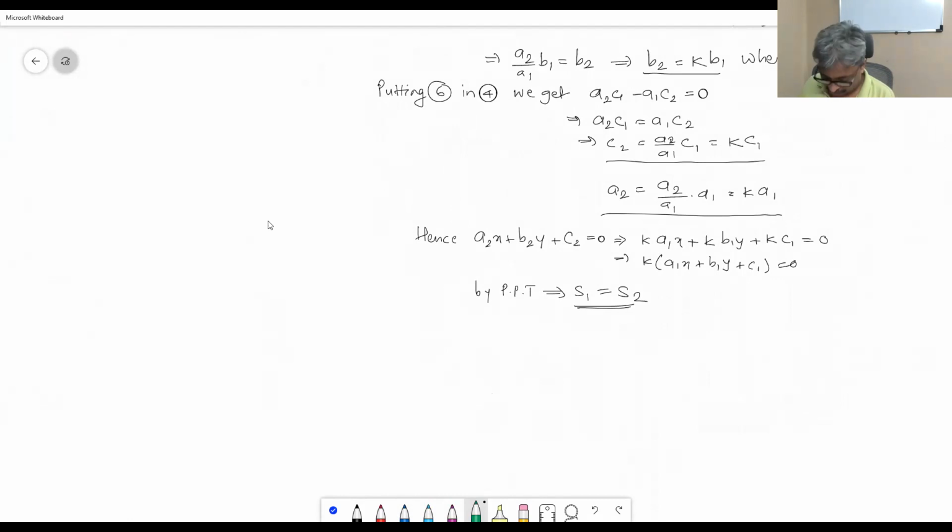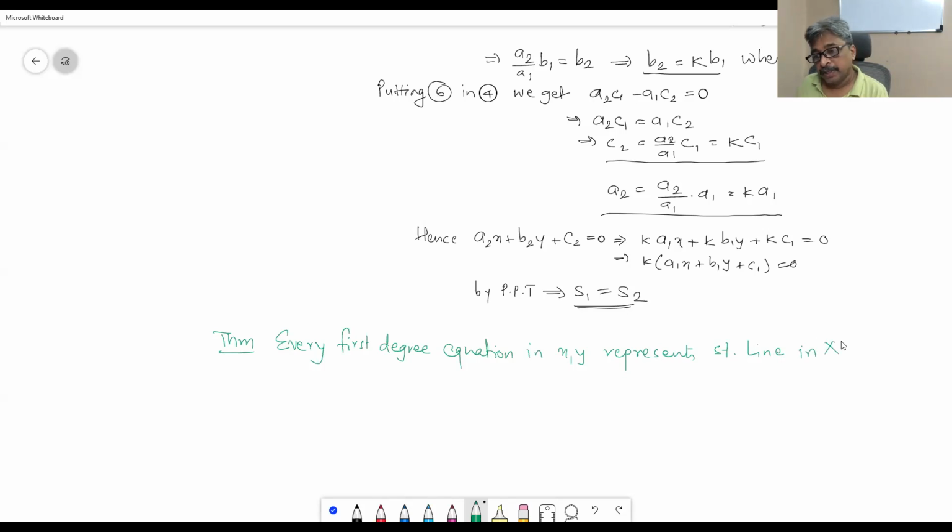Theorem: every first degree equation in X and Y represents a straight line in XY plane. Okay, that is what eventually we wanted to prove. So let me straight away write down the proof.